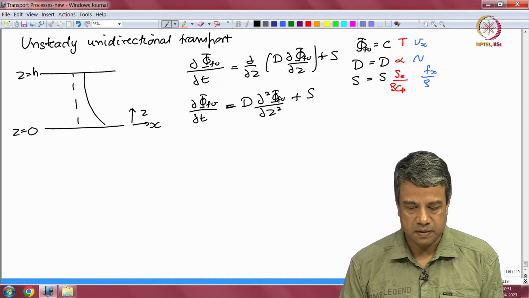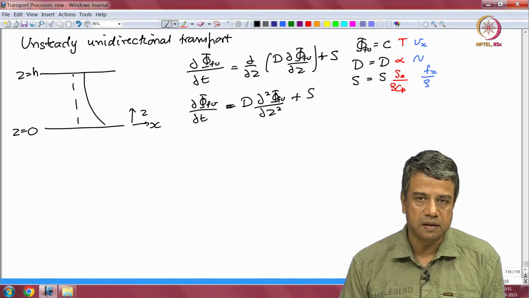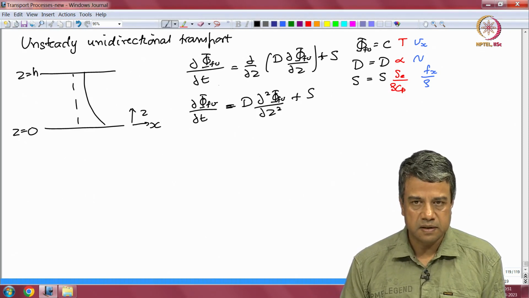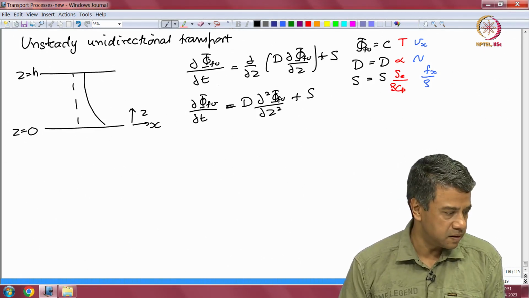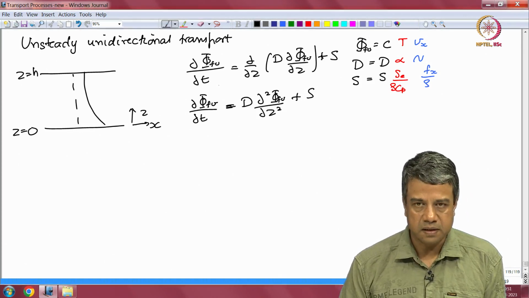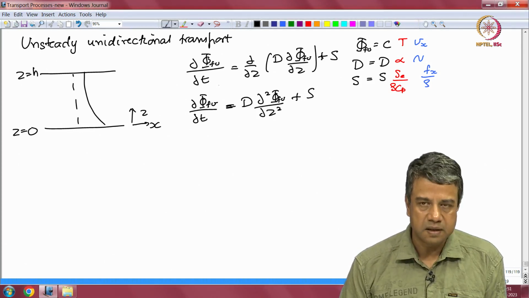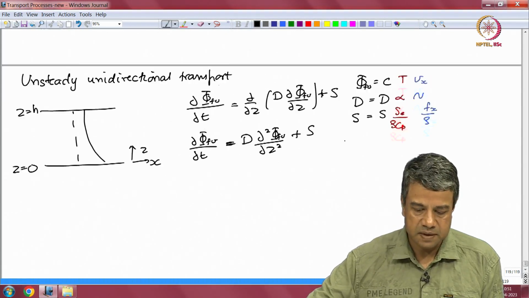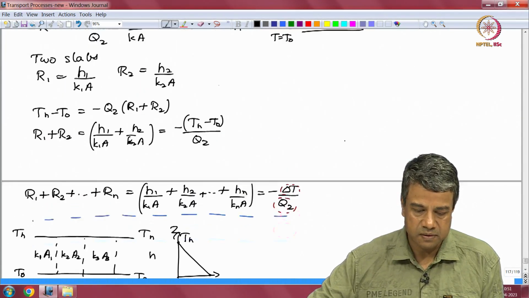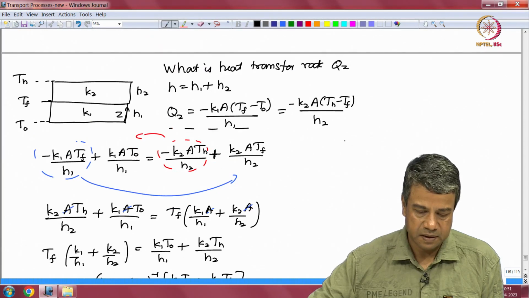Okay. So, there is a second order in the z coordinate, first order in time. It requires two boundary conditions and one initial condition. Okay. So, these are the general equations, and we started solving it for specific cases. Okay. The first was the simplest case where it was steady and there were no sources.